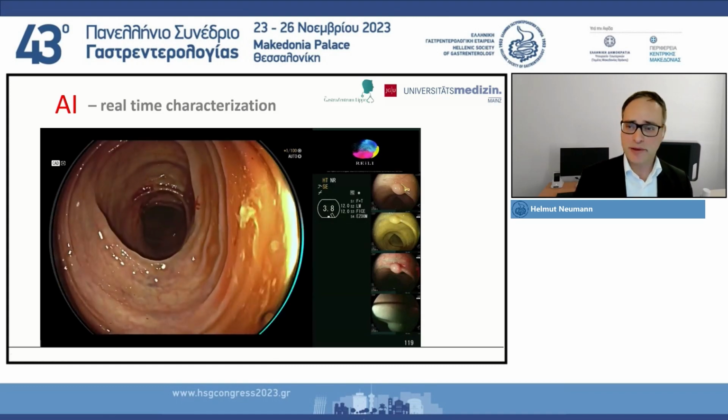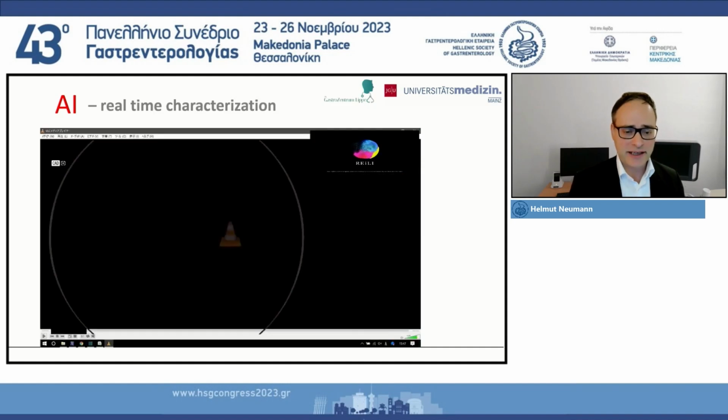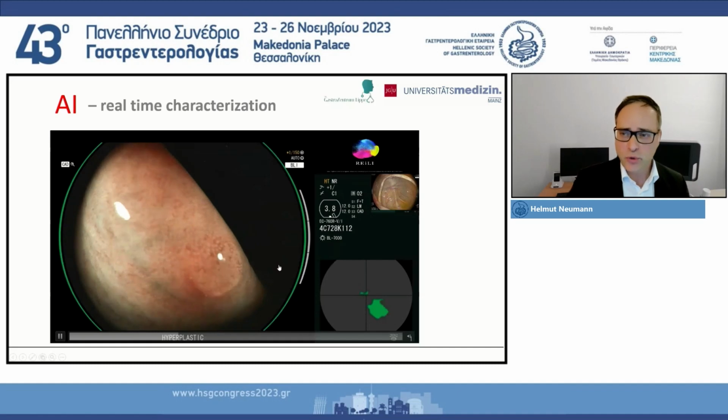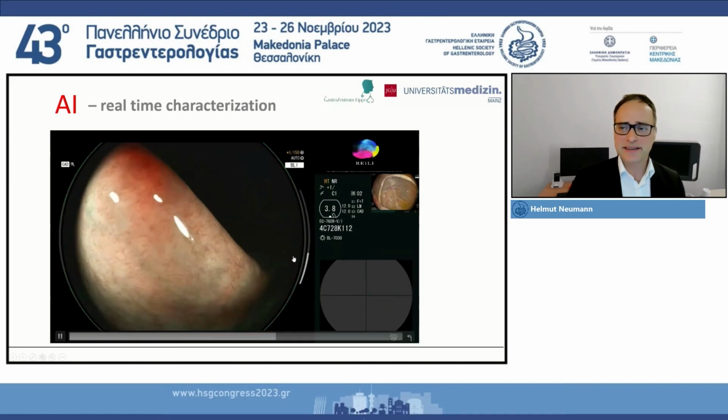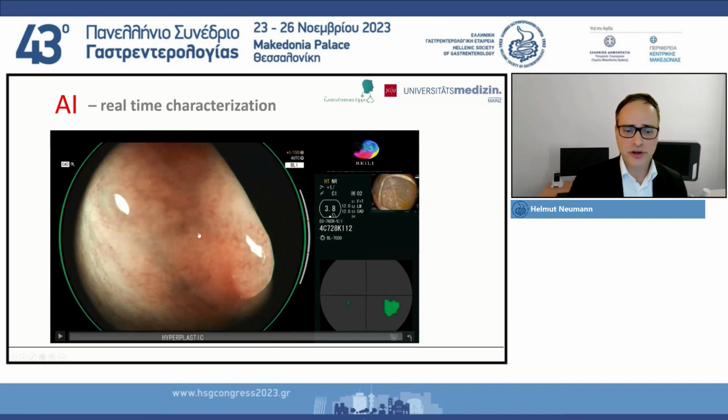And this is a tubular adenoma, which is already visible using high-definition white light, and the computer is immediately identifying it as a neoplastic lesion. So what about a little bit more complex cases? This is very exciting because it shows you that the computer is so well trained that it can even identify nearly nothing. This is why I want to show you the video.